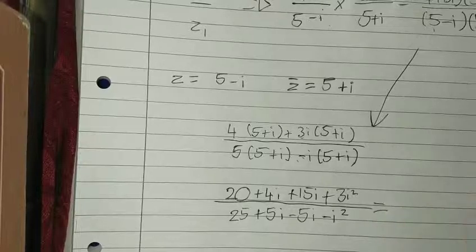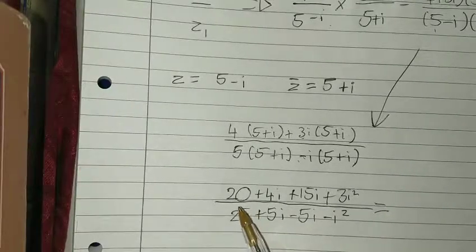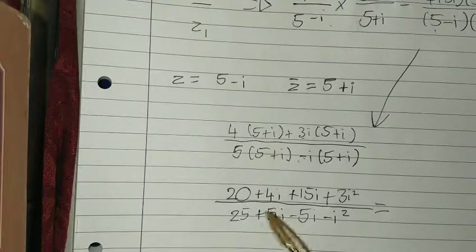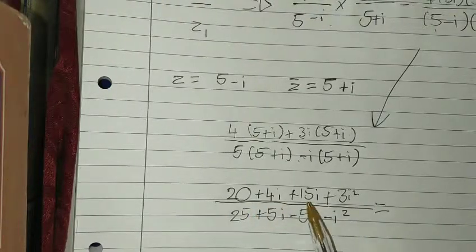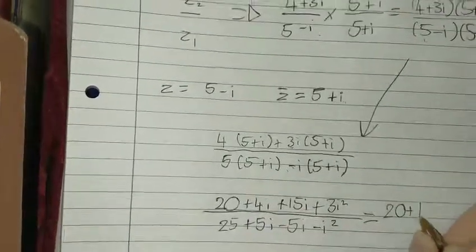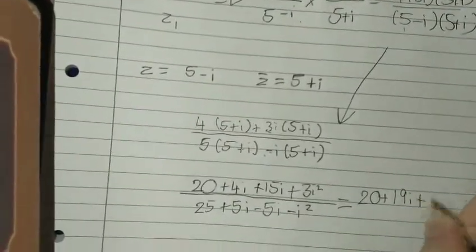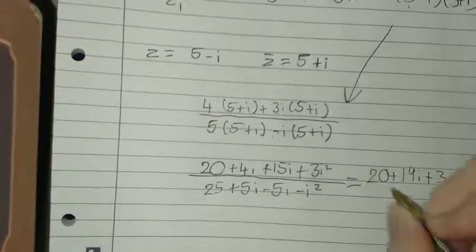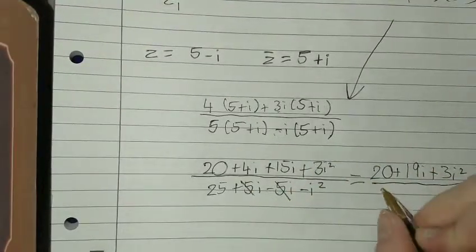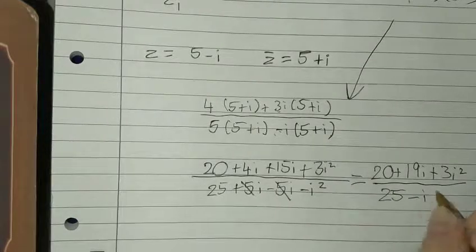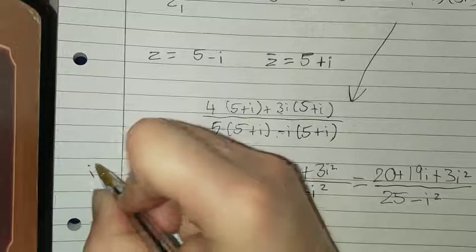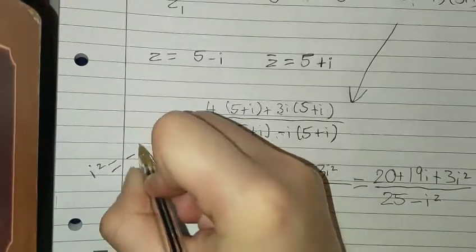And so I'm going to group together terms. I have 20, and there's no other term without an i. Then I have 4i and 15i, so I'll group them together and get 19i, plus 3i squared. Then 5i minus 5i will cancel, and I have 25 minus i squared. But I have to remember that i squared is equal to minus 1.